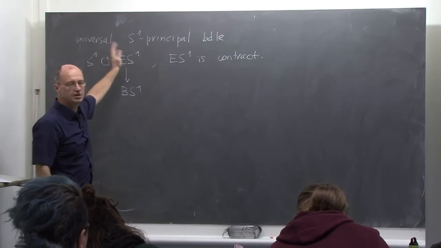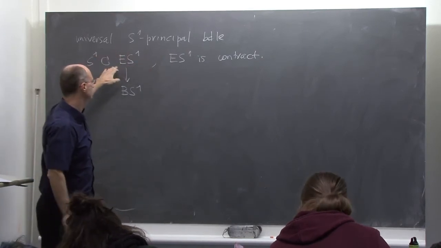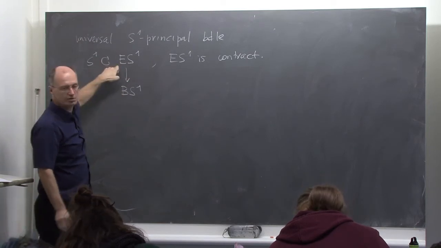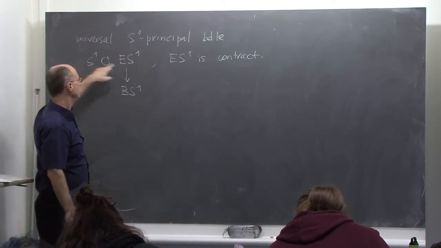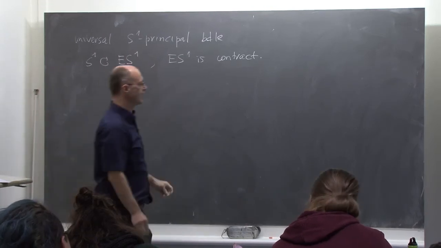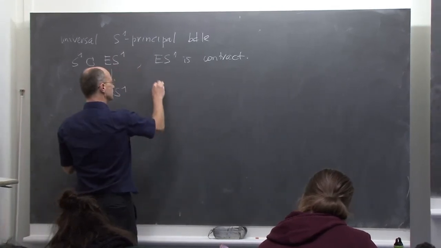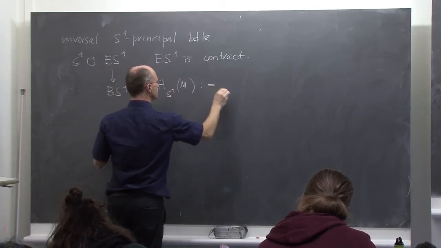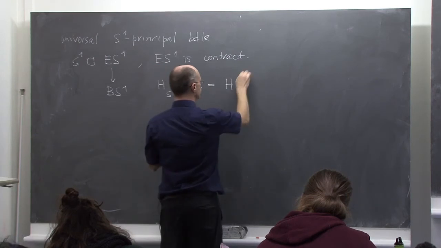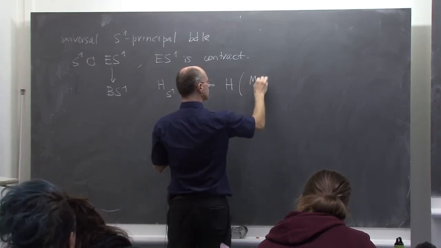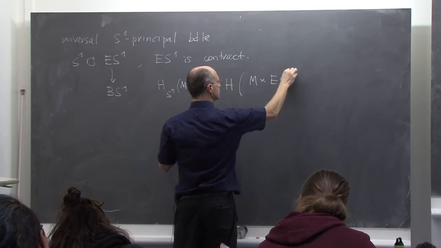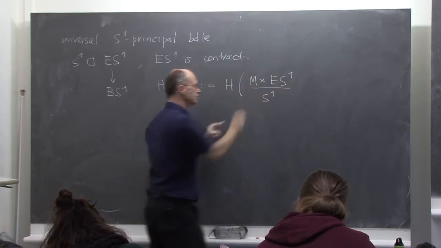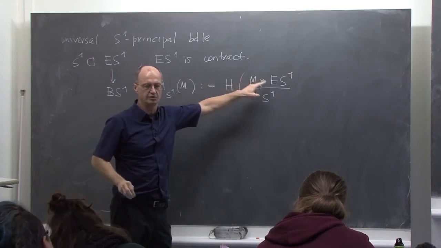It's not unique, but in homotopy theory you don't necessarily need uniqueness; you can choose any such S^1 bundle where the total space is contractible. H^{S^1}(M) is defined as the homology of the product of M times ES^1 divided by the diagonal action of S^1 on the two factors.